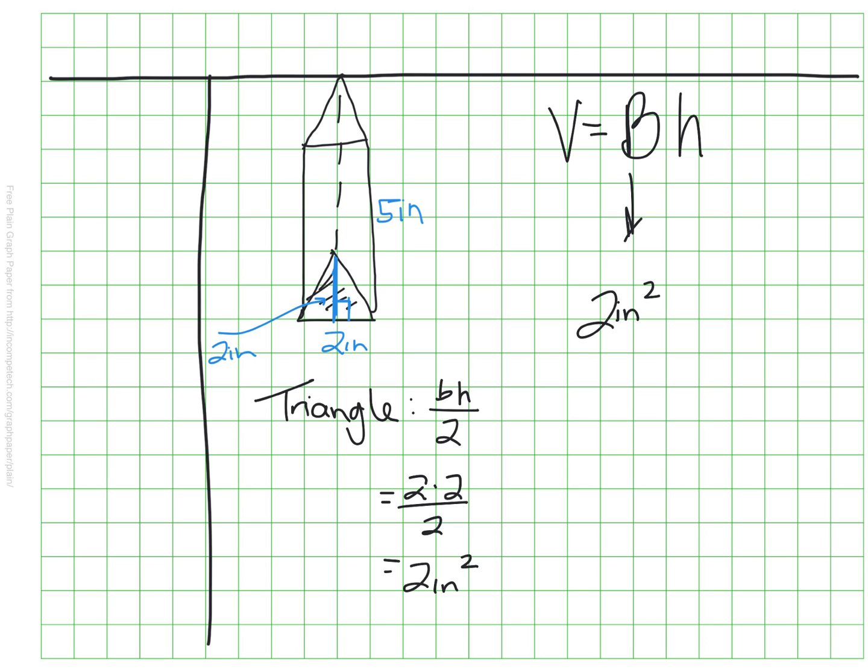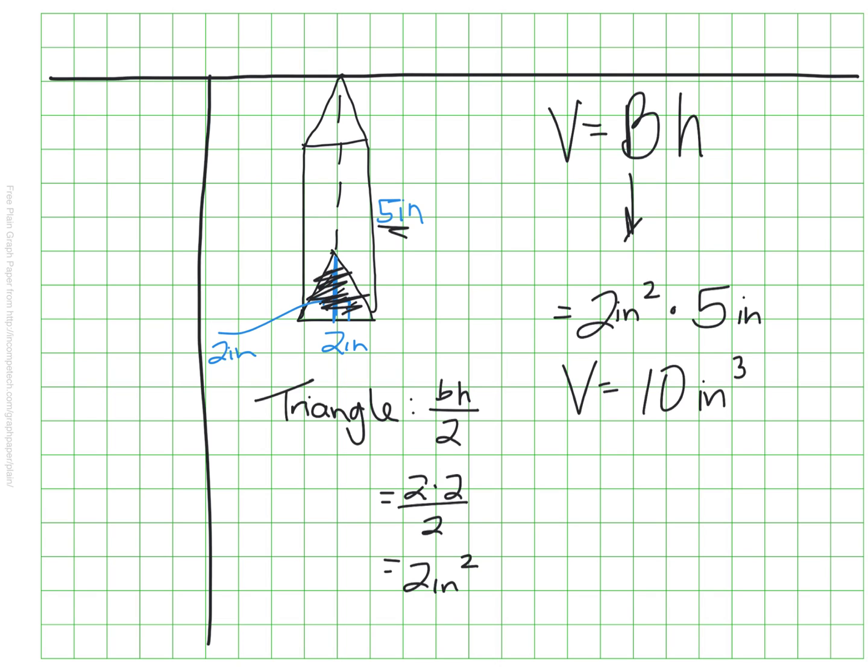But now that I know that, I can say, well, if that's how many cubes would fit along the bottom here, and I have 5 rows, because my volume needs to fill up all 5 layers of this shape, then I can multiply that by 5, and I can see that my volume is going to be 10 inches cubed.